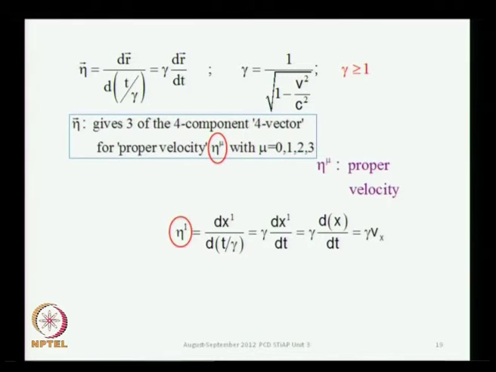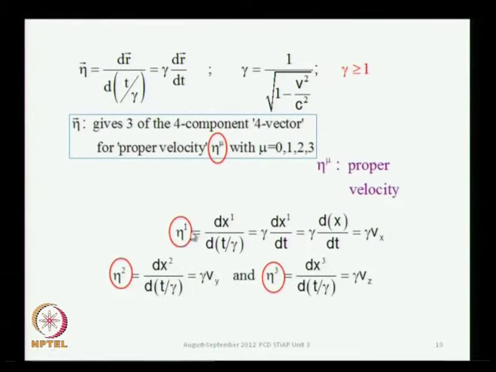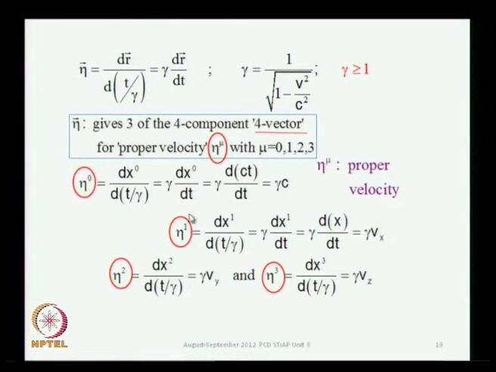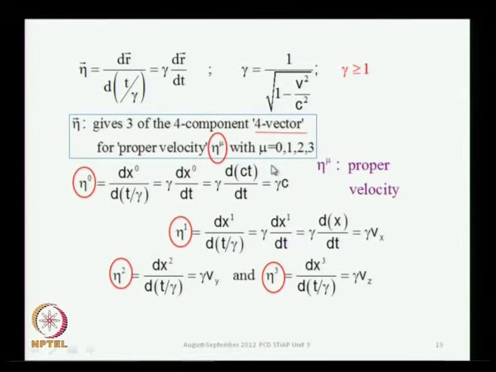The first 3 components which we get from this relationship are eta 1, eta 2 and eta 3, which are gamma times the corresponding components in non-relativistic mechanics, and eta 0, which is the 4th component, is given by the ratio of dx 0 to this quantity over here. Essentially you rationalize the whole thing in a consistent fashion. This is the natural way of doing it, and this gives you the 4 vector which constitutes the proper velocity.